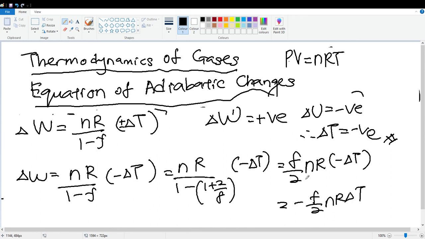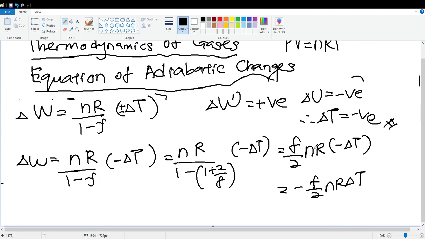This equation is quite familiar to us. This is the change in work done. This F over 2 nRT is basically the internal energy of a gas.